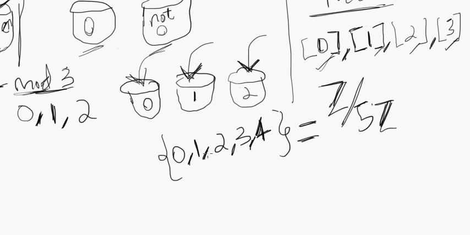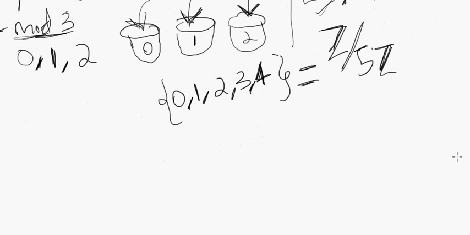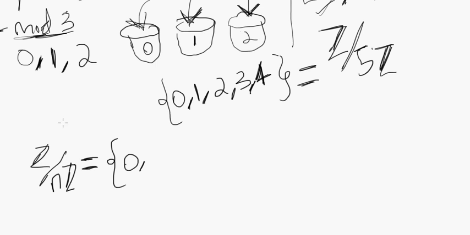So, in general, what we're saying, for example, is that Z mod nZ equals 0. You could have a remainder of 0. Here n is just any natural number, right?